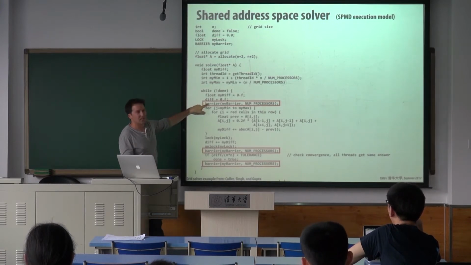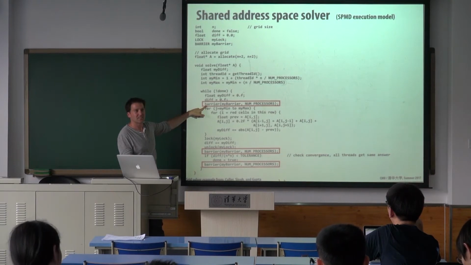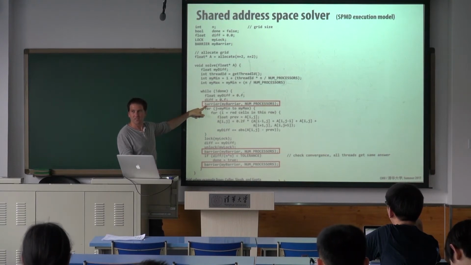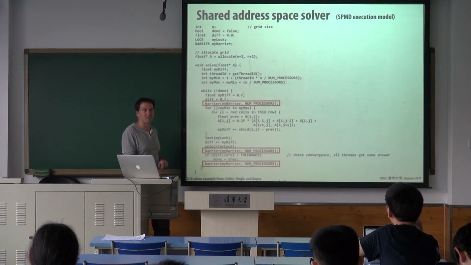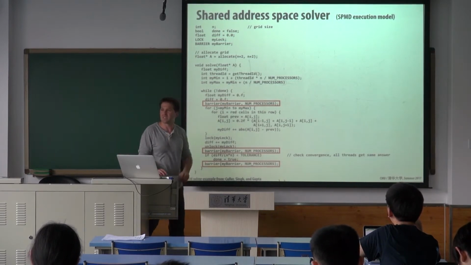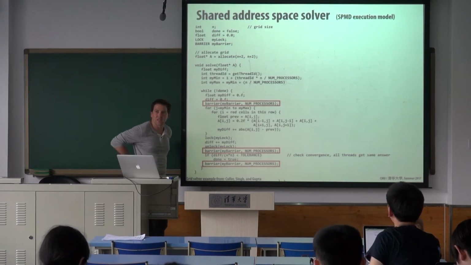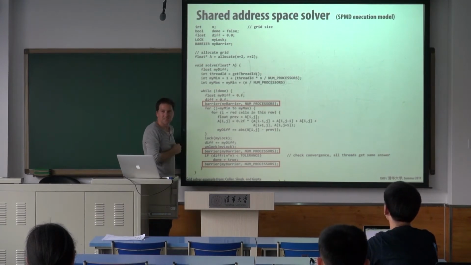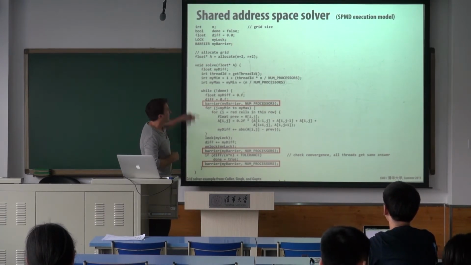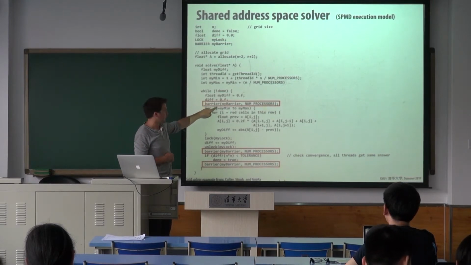On Friday, we did not talk about why this barrier was here. So did anybody think about why this barrier was here in the code? Why is there a third one? What can go wrong in my code? What bug can happen if I take out this barrier? So some thread sets diff to 0, starts running.